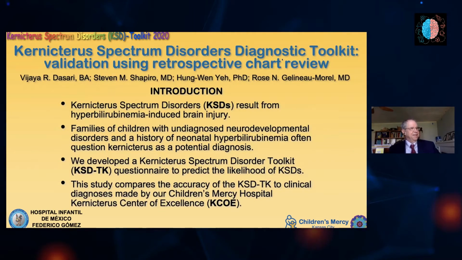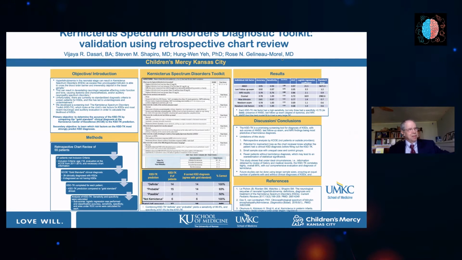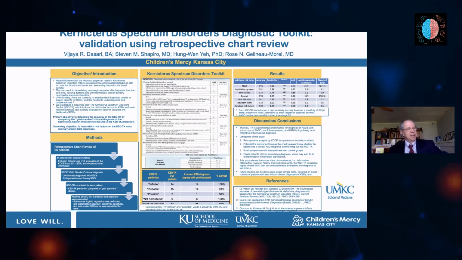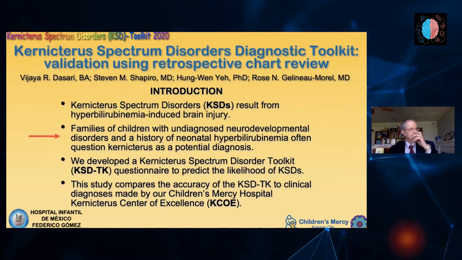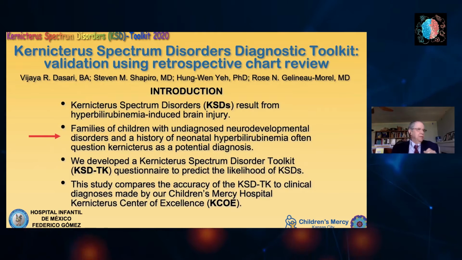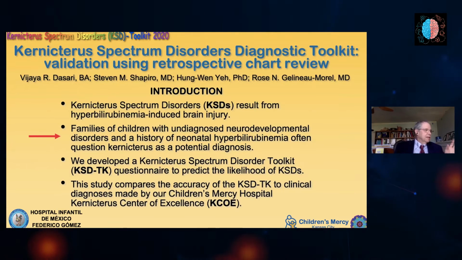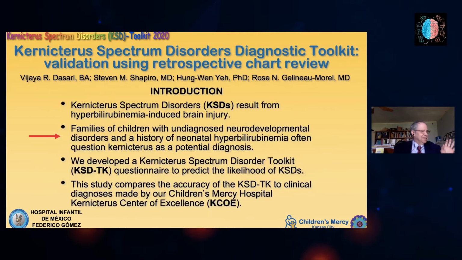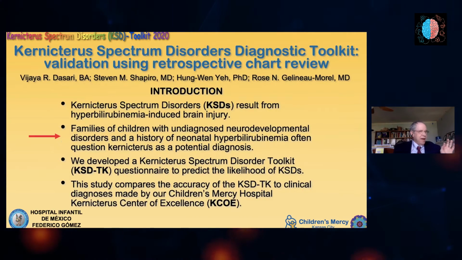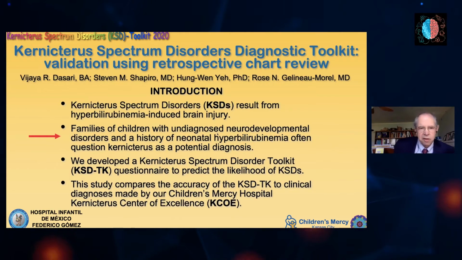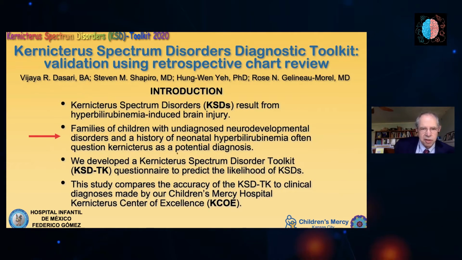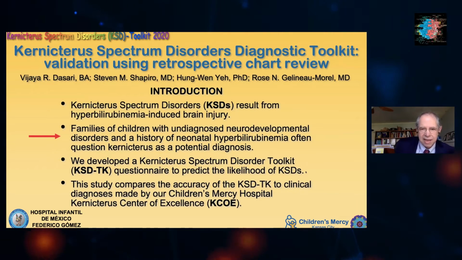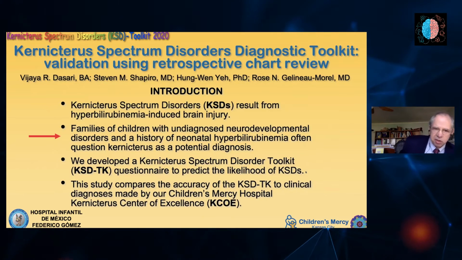So I'm going to take you through this in a few slides and hopefully make it understandable for the rest of the talk. So first of all, I just said that families, with an arrow here, families of children with undiagnosed neurodevelopmental disorders often question kernicterus as a possible diagnosis. So we developed this questionnaire to predict the likelihood of a kernicterus spectrum disorder.